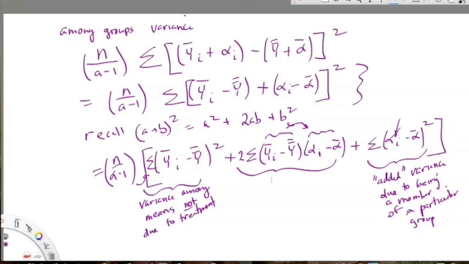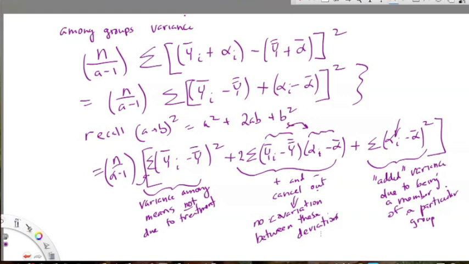In other words, positive values and negative values cancel out because there's no covariation. That's actually what this is. This is a covariation between these quantities, these deviations, let's put it that way, okay?